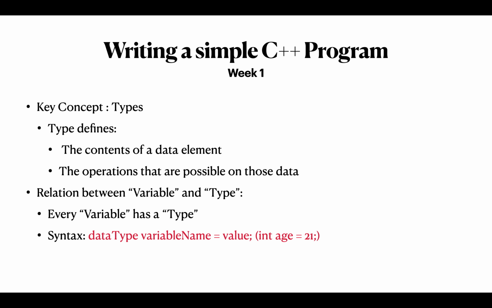So the key concept here is types. Types are one of the most fundamental concepts in programming and a concept that we will come back to over and over in this chapter and in this course. A type defines both the contents of a data element and the operations that are possible on those data.